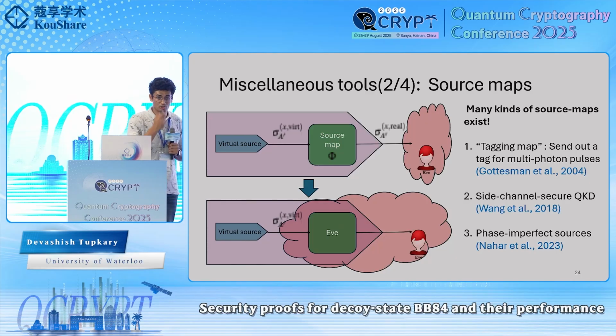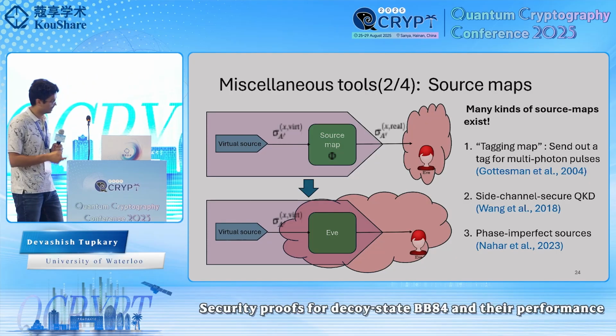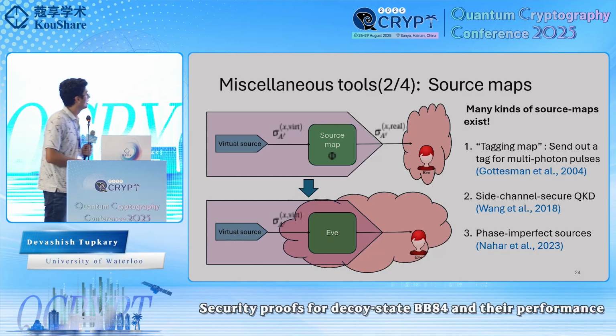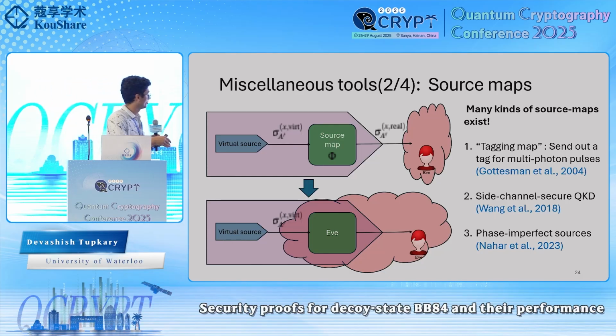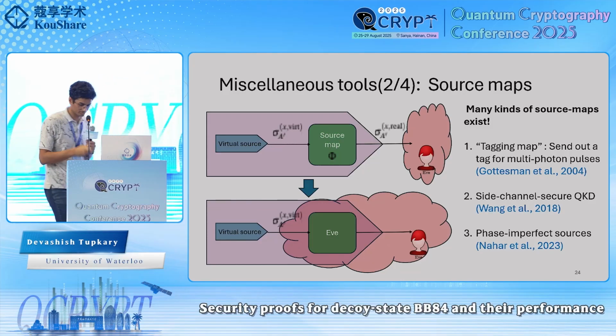There are many kinds of source maps that are used. One common one is the tagging map, where when you think of a phase randomized weak coherent pulse, we can recreate that by having a virtual source just cut off the higher photon numbers and output a classical flag, and then the source map just looks at the classical flag and prepares the photon number distribution on the higher than, let's say, 10 photons.